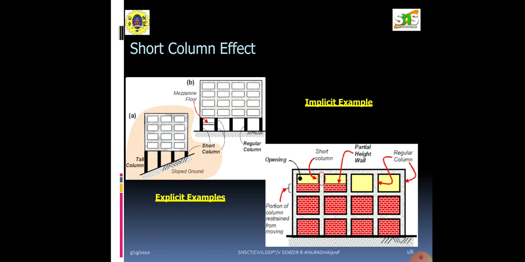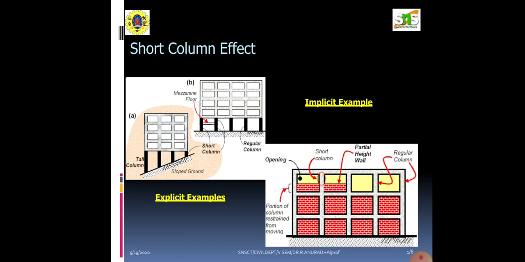If any in-between floor is given for any purpose, the column becomes short. The height is usually 10 feet in a building, but if a mezzanine floor or anything like that is given 3 to 4 feet at the top, the column becomes short because the column has been split into two.